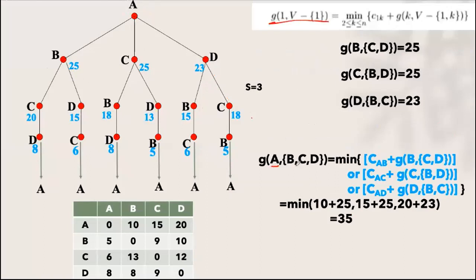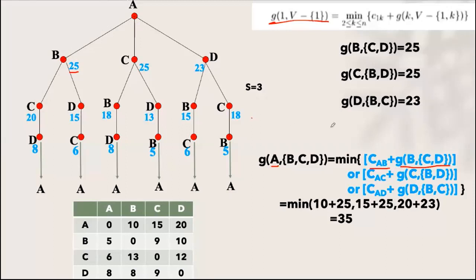From A to either B or C or D. If you take B, first write down the cost of A to B, plus the cost of B to C or B to D, which we have done in the previous calculation.